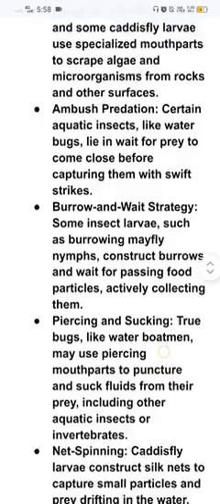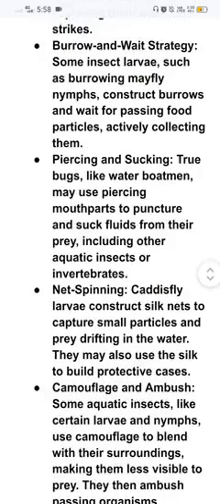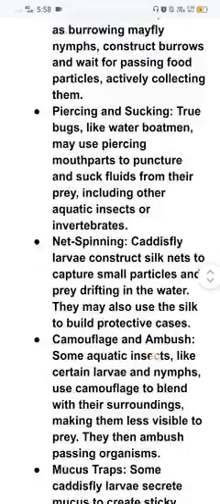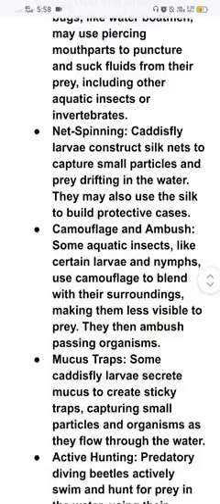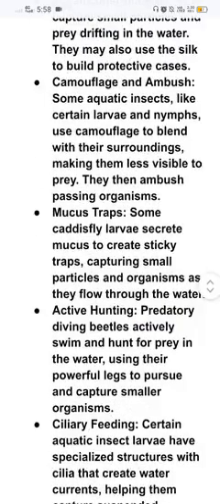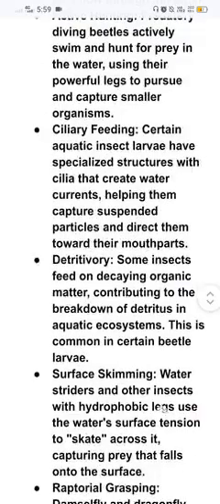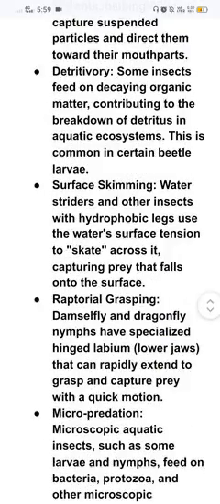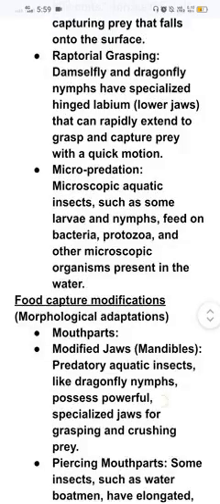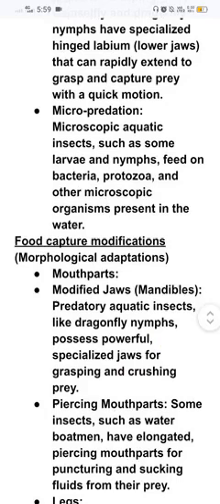Then burrow and wait strategy, piercing and sucking, net spinning, camouflage and ambush, mucus traps are also created. Then active hunting, ciliary feeding, detritivore, surface skimming, then raptorial grasping, micropredation. So these are some methods for food capture.